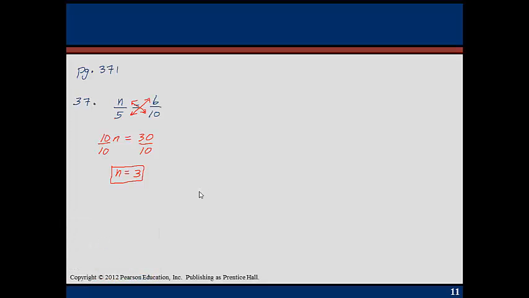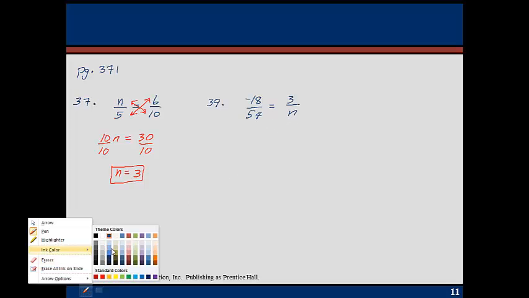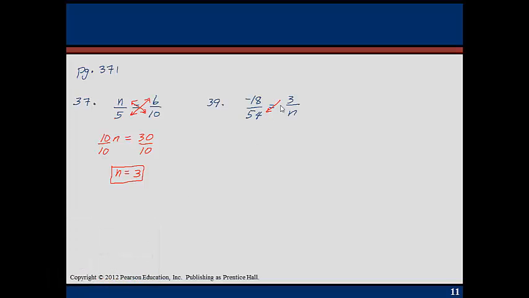All right, let's try number 39. Now we have negative 18 over 54 equals 3 over n. And again, we're solving for n, so we're going to start by doing a cross multiplication. So we have negative 18n equals 54 times 3, which is 162.